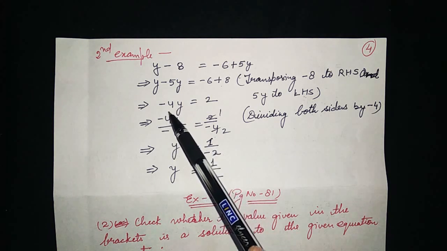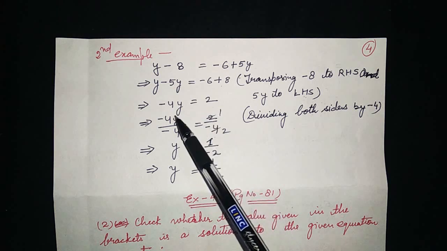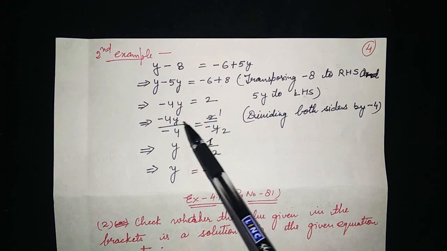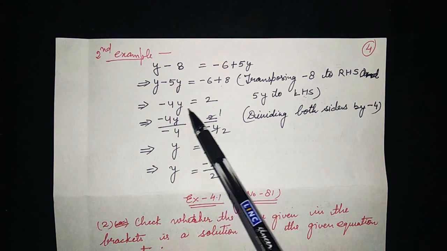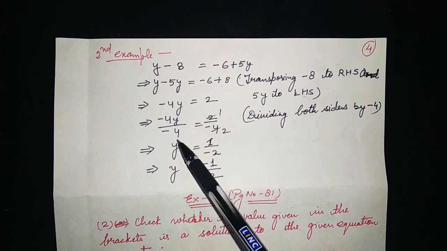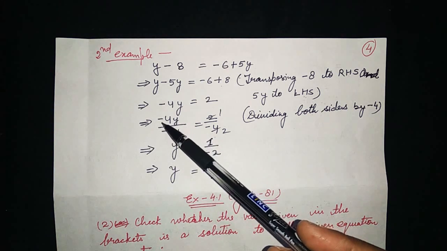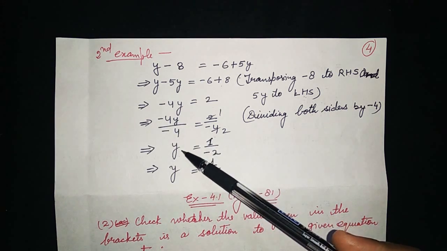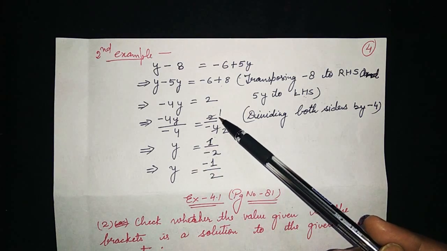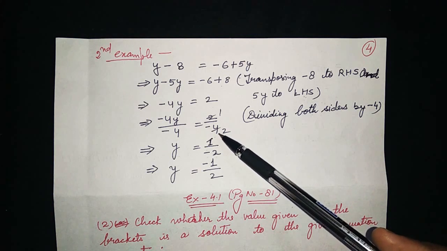So to remove it from left hand side, we will divide both the sides by minus 4. Not only one side, we will divide both the sides by minus 4. Now here minus 4 and minus 4 we can cancel. 1 will come, and 1 into y, what? y. And on the right hand side we got 2 upon minus 4.